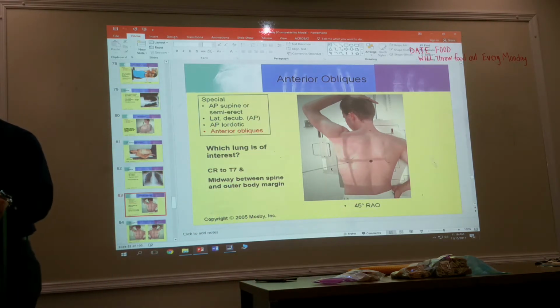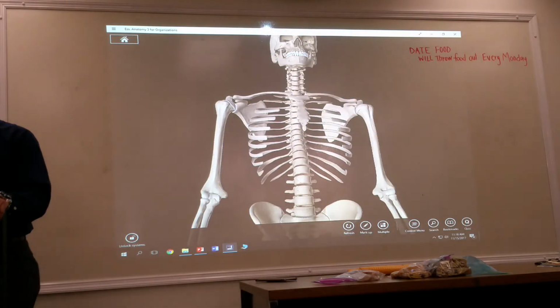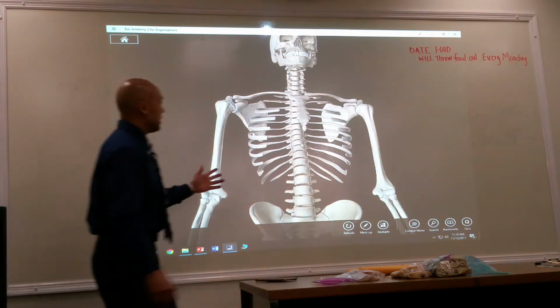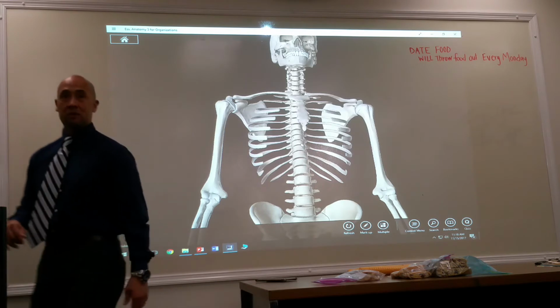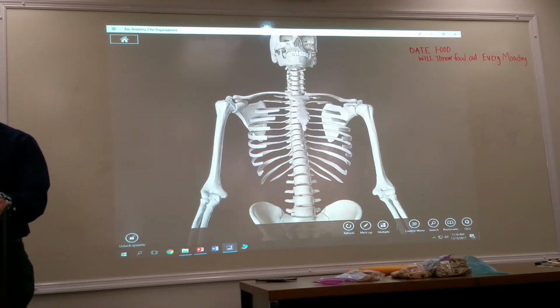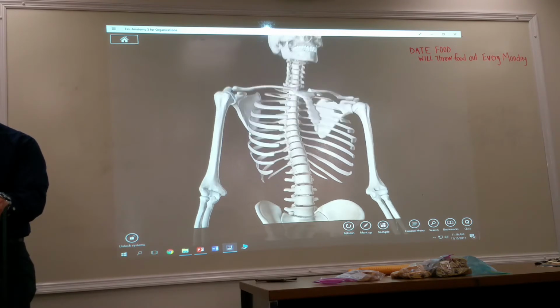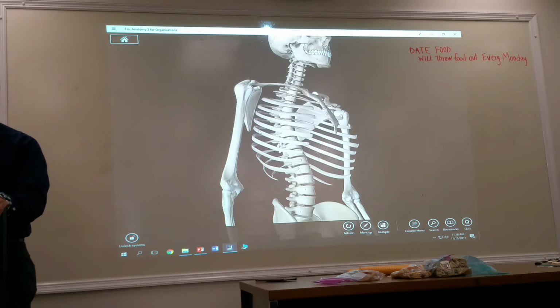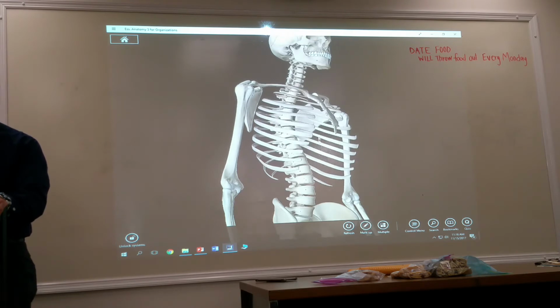So let's just say that you guys are the image receptor. I'm going to place my patient in an RAO position. This is the right side. Agree? So I'm going to place them in an RAO position. Look what happens to the left lung. It becomes more open.